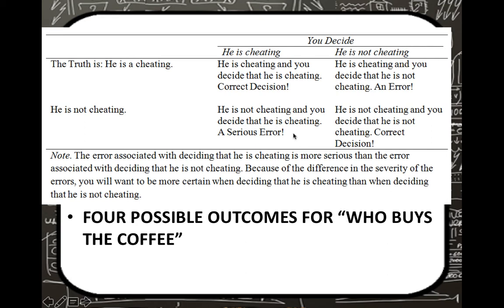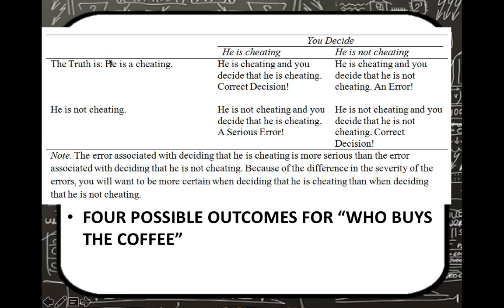So we have two different ways of making errors. Either he's cheating and you say he's not, or he's not cheating and you say he is. Okay. So these are our four possible outcomes for this scenario. And these are the four possible outcomes, not exactly, but a similar kind of thing, as when we're making a decision about a hypothesis, right?